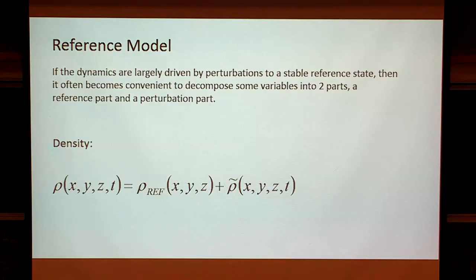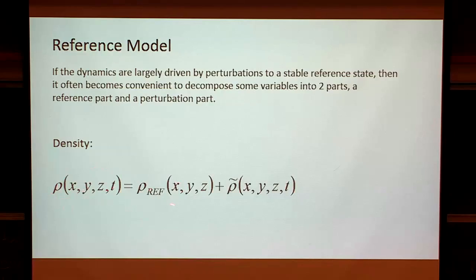So it's very convenient to separate our variables into reference functions and perturbations to that reference function. Those perturbations are also functions. This happens all the time in all different things. And this is mainly a mathematical convenience. It'll make things easier to think about and easier to work with later on.